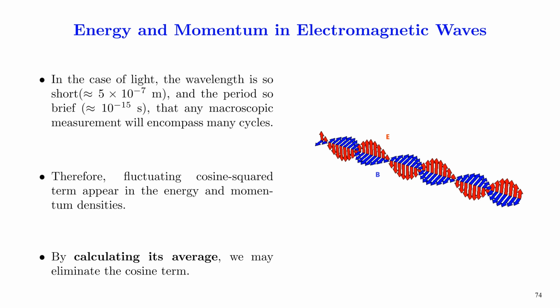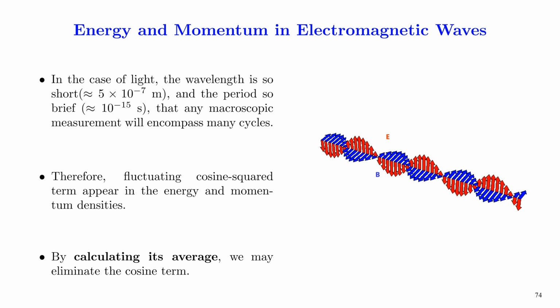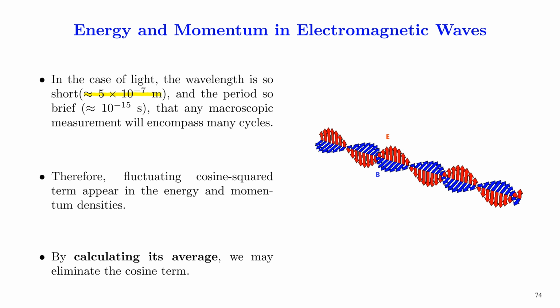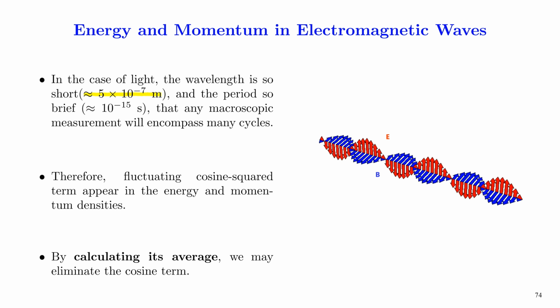In the case of light, the wavelength is very short, approximately of the order of 5 times 10 raised to minus 7 meter. When we calculate the corresponding period, that will also be very small, approximately of the order of 10 raised to minus 15 seconds. So when we make any macroscopic measurement, it will encompass many cycles.